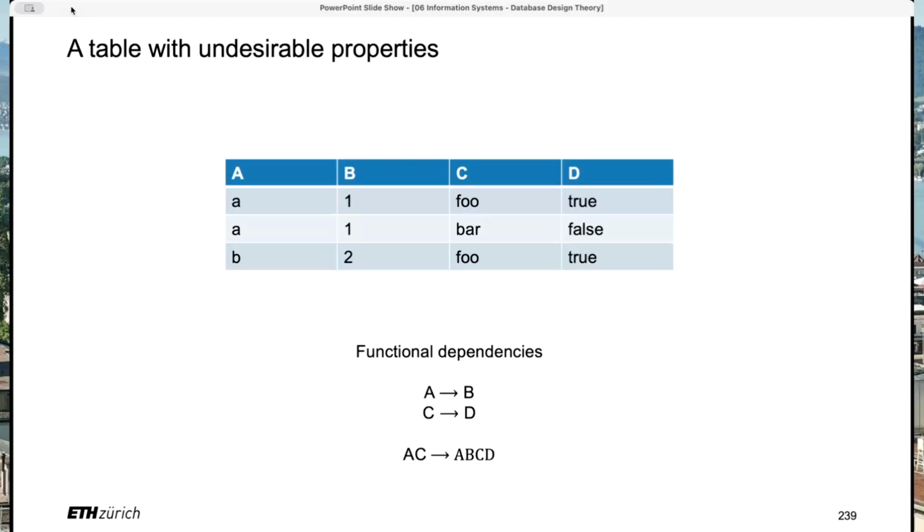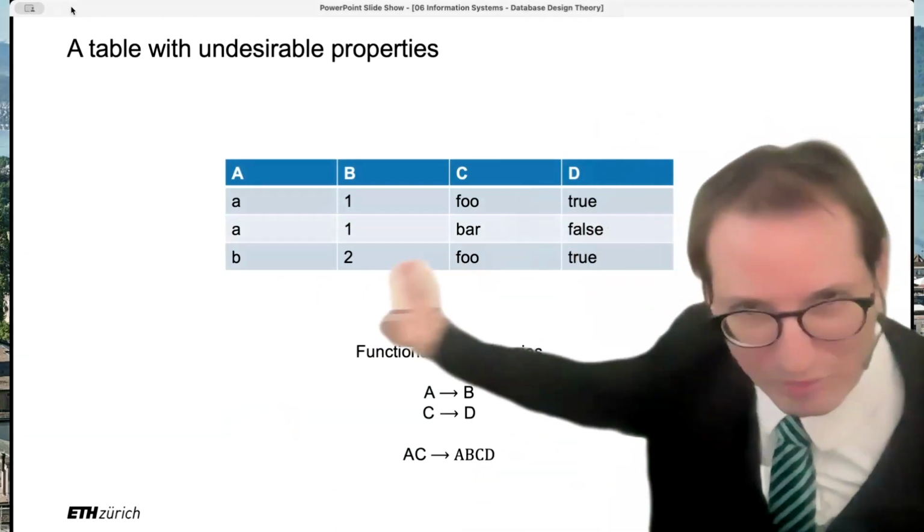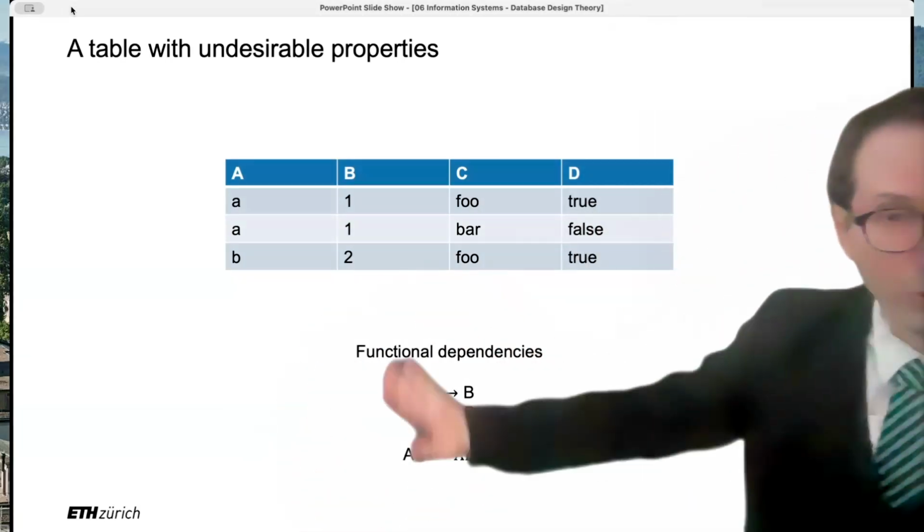Let's do a poll again to see. It's good because it makes you rehearse. Who says all three together are a minimal basis? Who says just the first two are a minimal basis? Very good, and you change your mind too. So indeed, we could take this set of functional dependencies and compute the minimal basis.